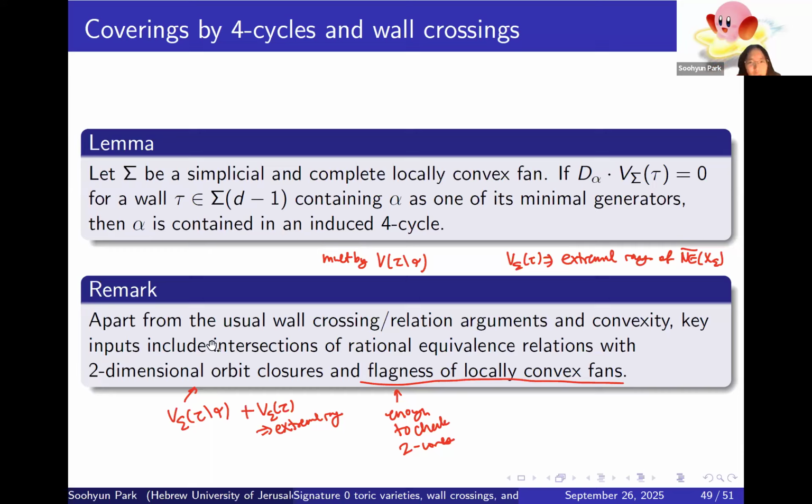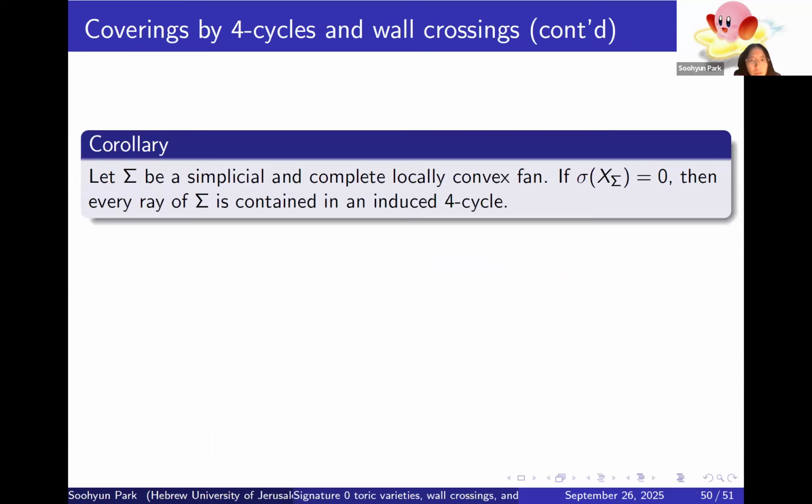The way we produce a fourth ray to consider, or a fourth vertex in the simplicial complex language, is to multiply a rational equivalence relation by this two-dimensional orbit closure. So we quotient out the wall by this ray alpha. And because this is 0, we actually have an extremal ray here. Putting all that together forces a 4-cycle to exist.